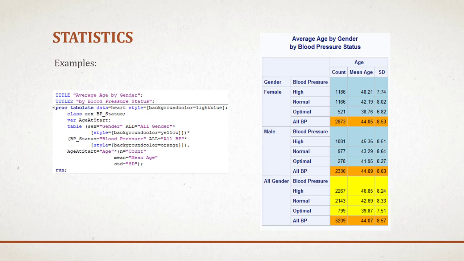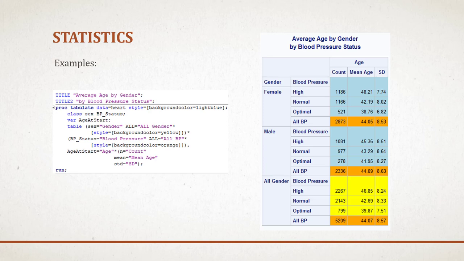On this page, the example is for an analysis of variables by two class variables with the universal class variable all. All is added to both gender and blood pressure status. The output table displays count, mean, and standard deviation for each gender and blood pressure combination, for each gender, for each blood pressure type, and for all patients.